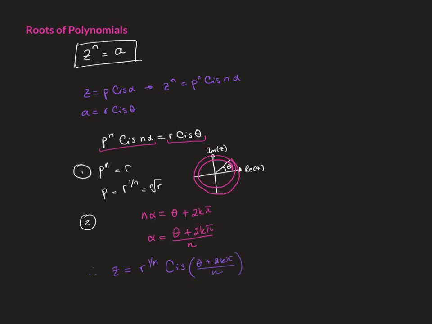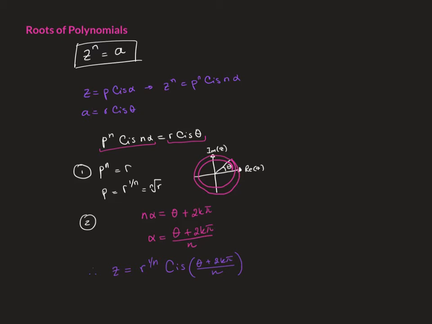Now let's think about which values of k I can use to find the values of z. In this equation, z to the power of n equals a, I'm going to have n different solutions. So I need to make sure I change the value of k n times in order to get a different solution from each value of k.